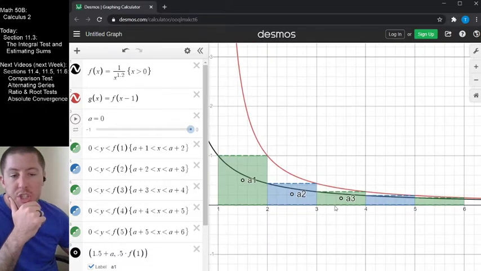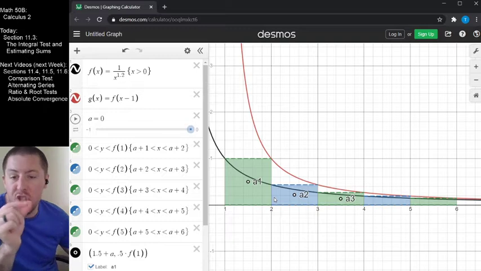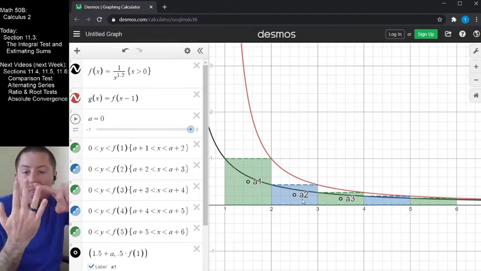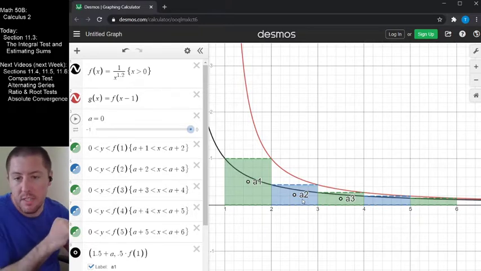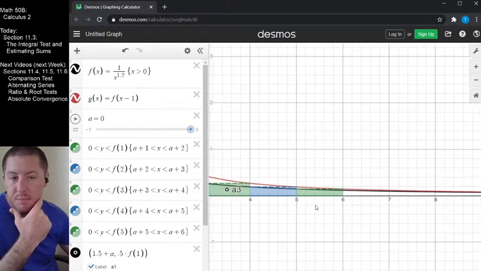I think my strategy should be, let's compute the actual exact value of the series just for the first literal handful. When I say literal handful, I mean maybe 5 terms or something like that. That'll get us the exact answer for the first 5 terms.